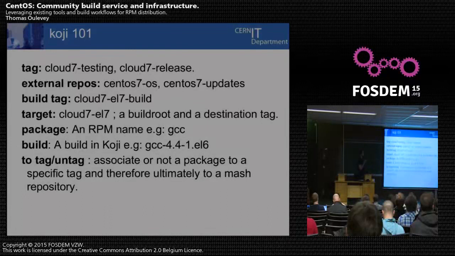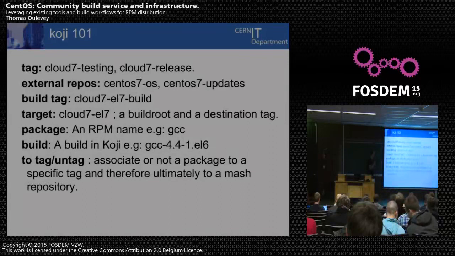A build tag is a tag where you define which packages you want in your build root. A target has a build root, a build tag, and a destination tag. So it says, okay, when I send the package to this target, it will be built with this build root, and as a destination, it will go to, for example, Cloud 7 release or testing. A package is an RPM name, so GCC, for example.